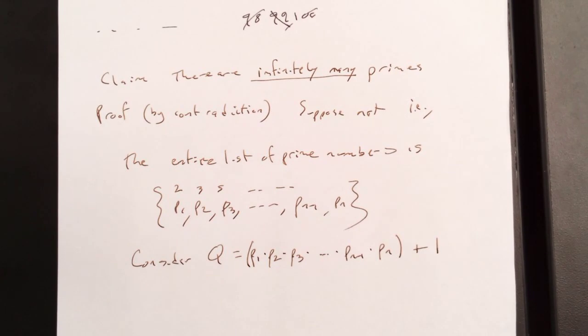I'm going to take all of the numbers in my list, multiply them together. Then I'm going to add 1. I have a problem. That number, call it Q, is clearly bigger than Pn.